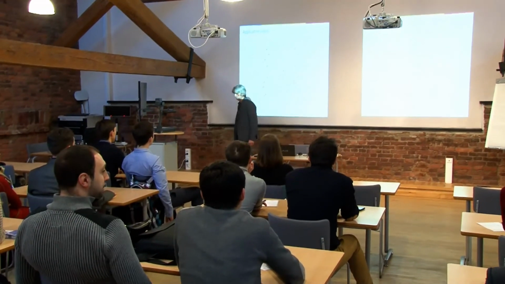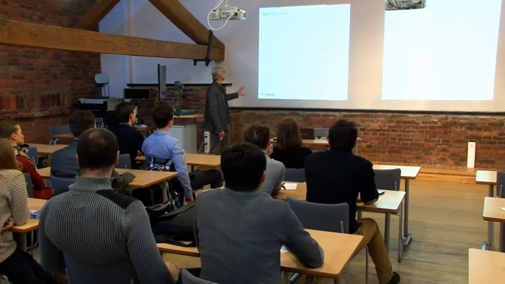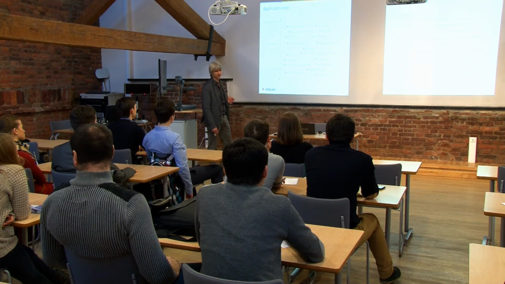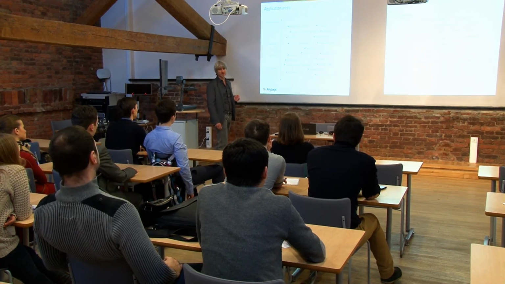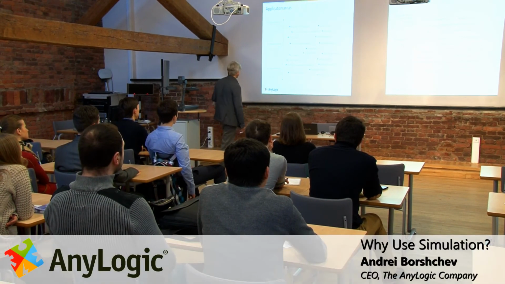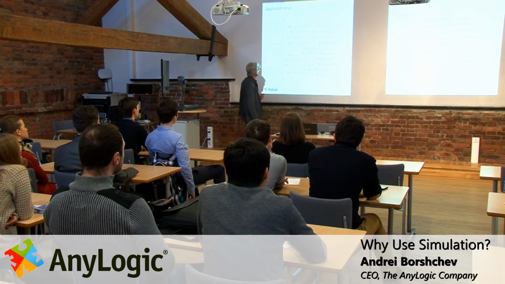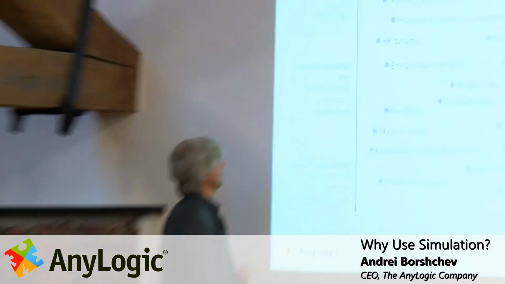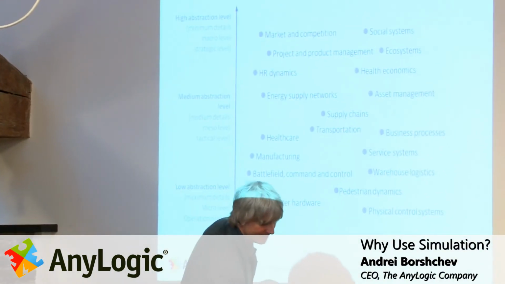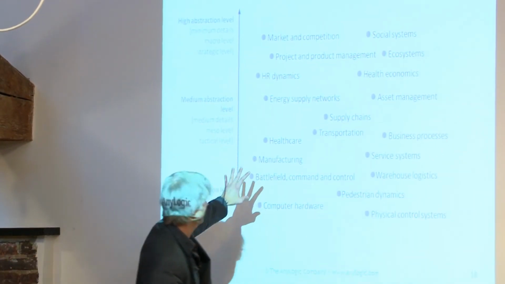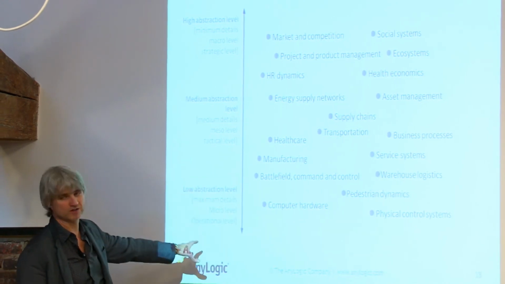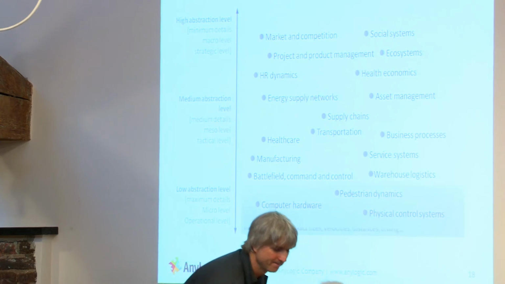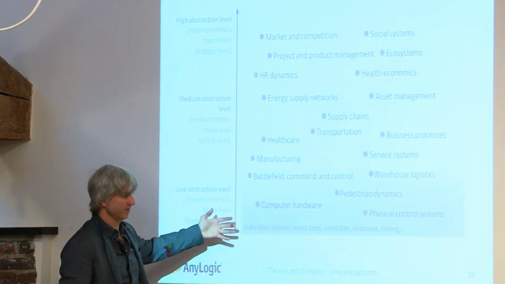This is by no means a complete, but a pretty representative set of areas where simulation modeling is widely used and where it has accumulated a lot of what we call success stories. The application areas are located here on the abstraction level scale of the underlying models.